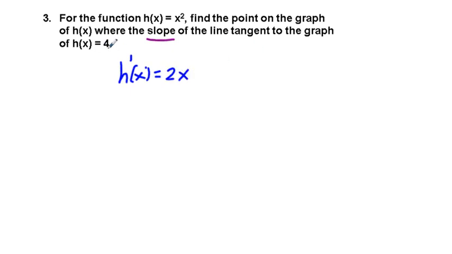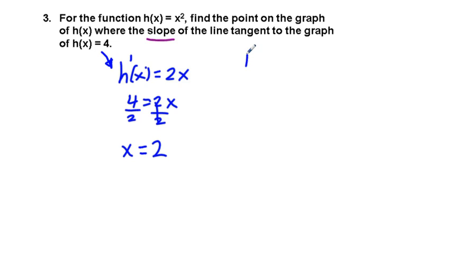And if we want to find the point, we need to substitute in this 4 for h prime of x. So we go down here and put in 4 equals 2x. And if we divide by 2, we have x equals 2.